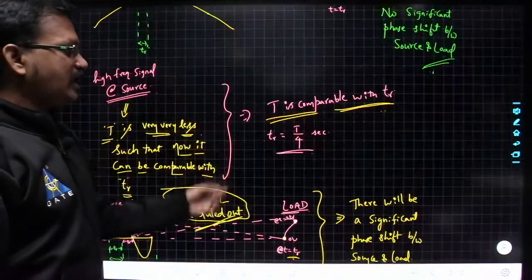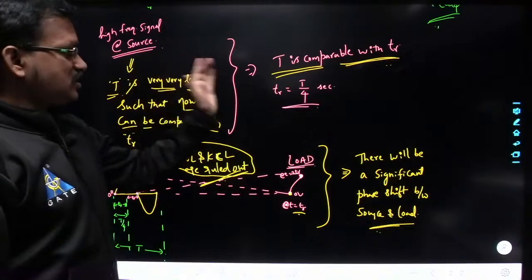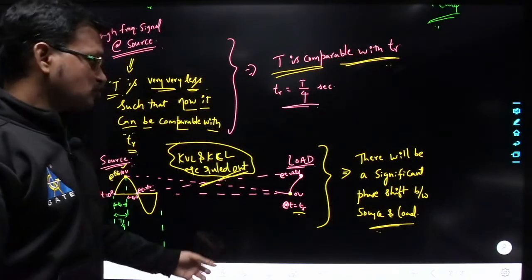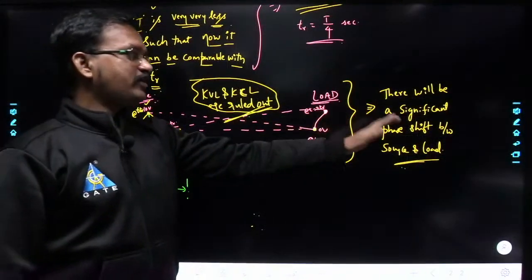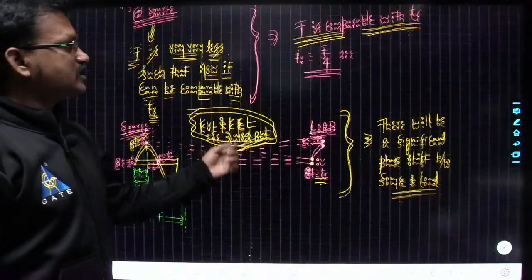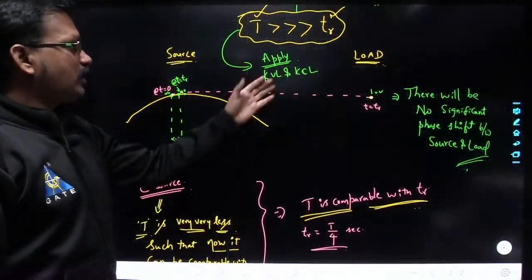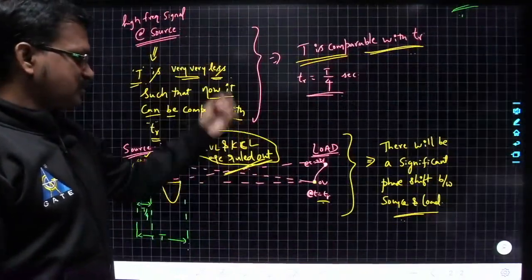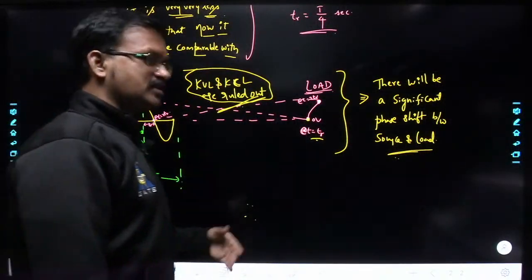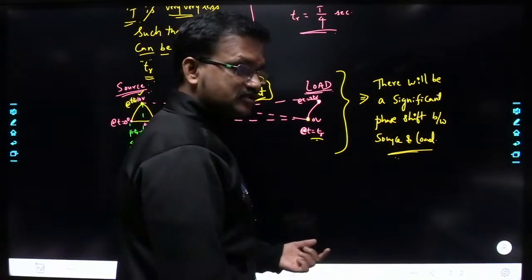Whenever you apply a high frequency signal such that the time period becomes comparable with TR, there will be a significant phase shift between source and load. So in the previous case, KVL and KCL you can happily apply, and in this case KVL and KCL are ruled out. We will see these things in detail here.